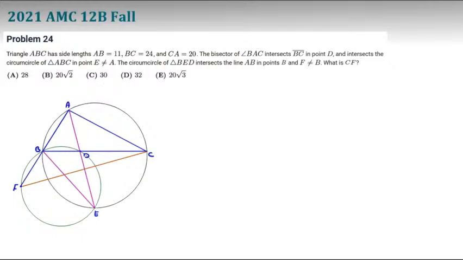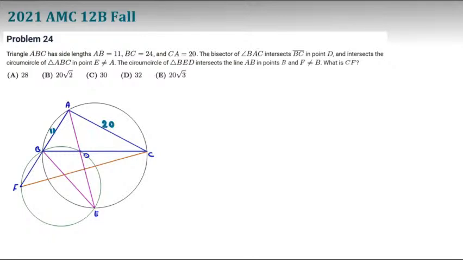The next problem is problem number 24 of 12b. Let's read together. Triangle ABC here has side AB equal to 11. Let me write AB is 11. BC is 24. CA is 20. Because I have D here, I will calculate again.